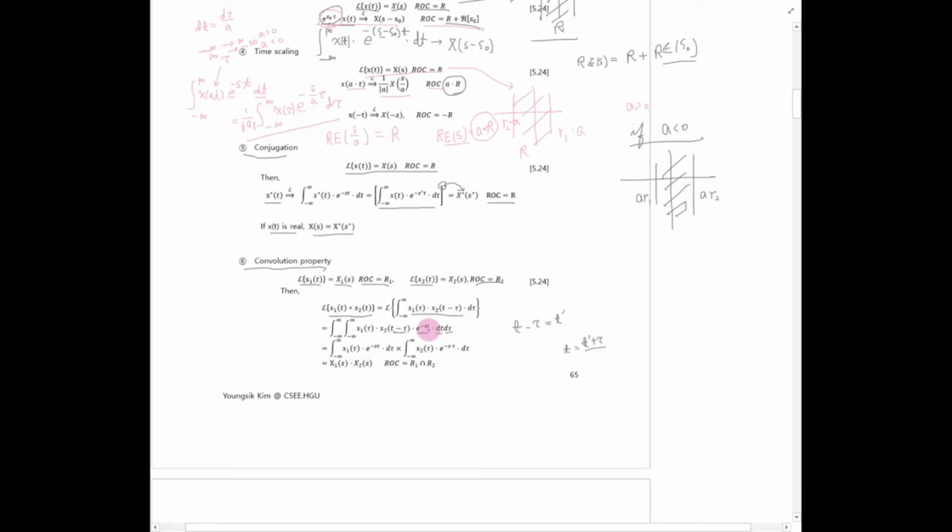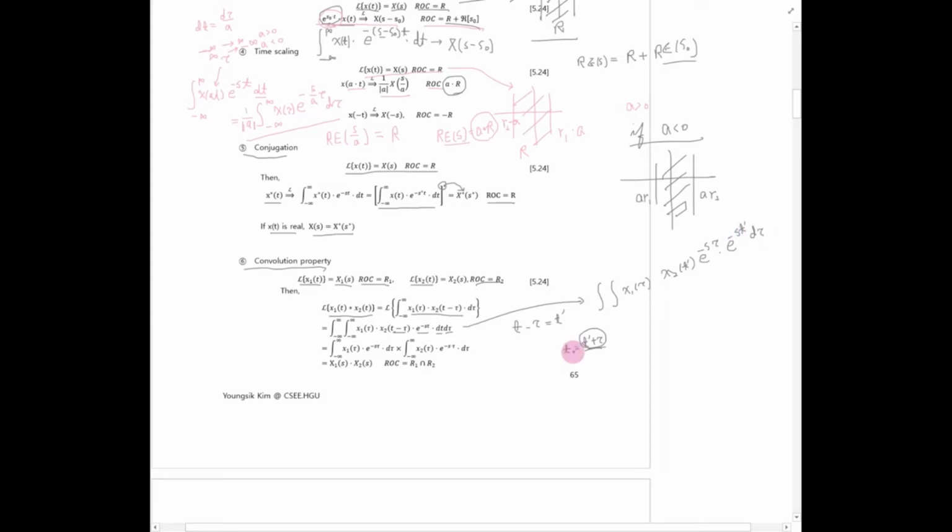Then this exponent will be given in this way: x1(tau) and x2(t prime), and e to the minus s times t, which we need to replace like that. Then this one is e to the minus s tau and e to the minus s t prime, and d tau.